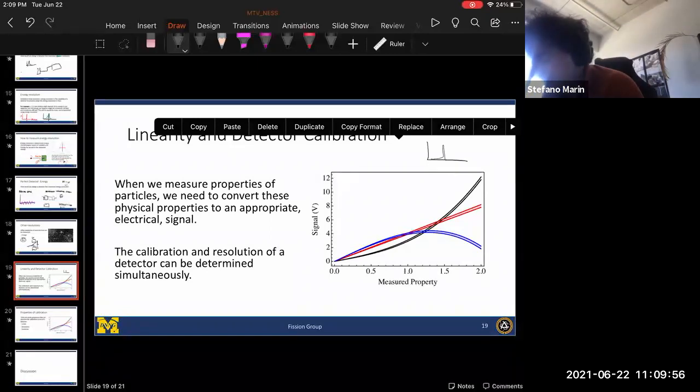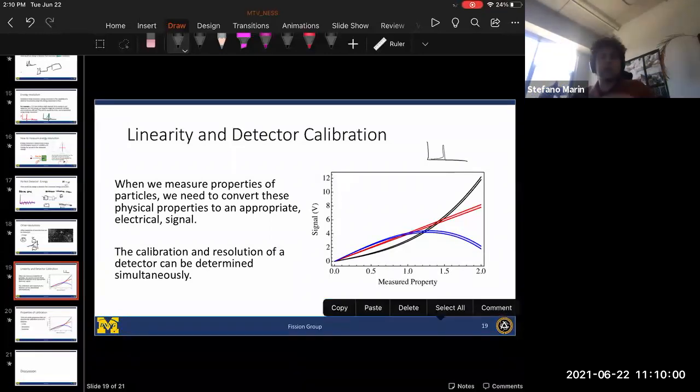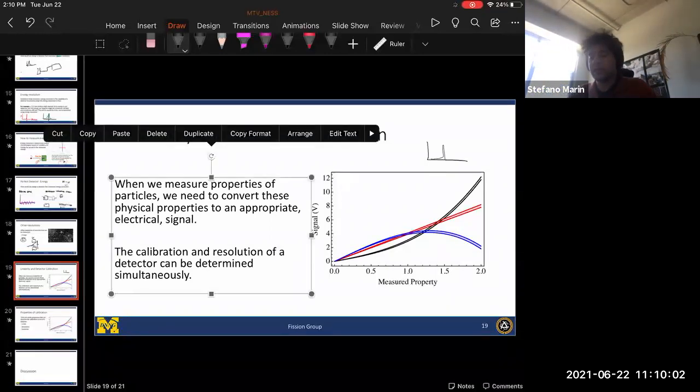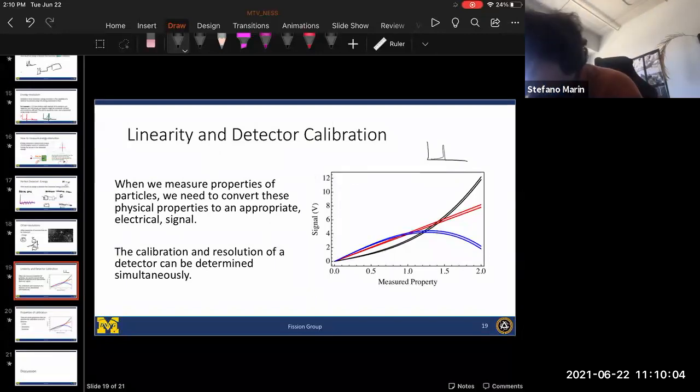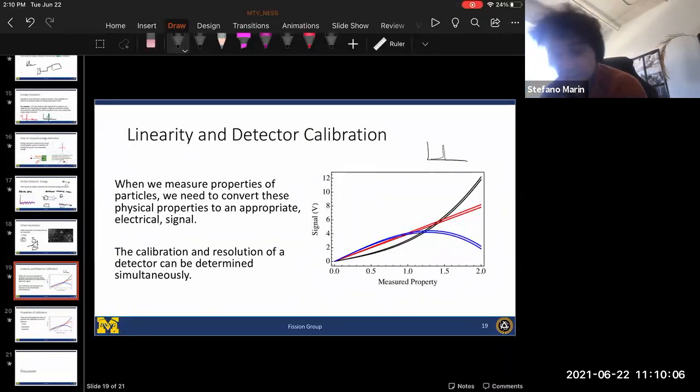Well, in certain situations, we actually still don't know what the relationship is between the signal and the property. So for example, let's say that the property of a detector, in this case a very idealized property, doesn't matter what it is, could be the energy, it could be the timing, it could be anything else, is fixed at this point here.